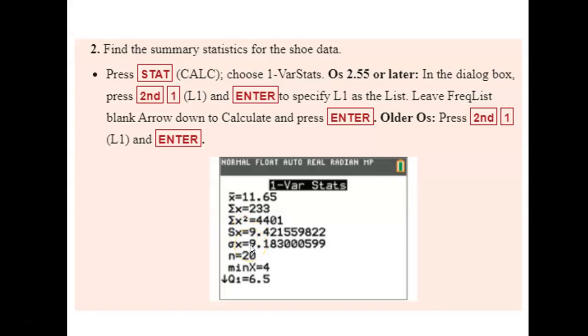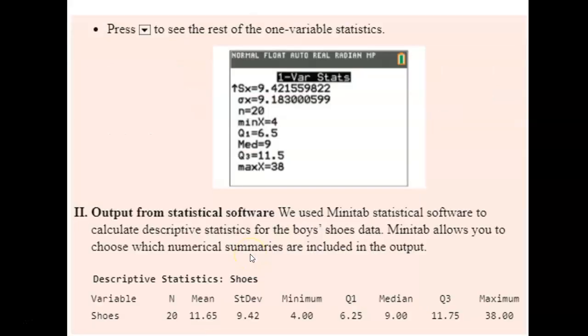This is a different calculation. We'll talk about that later on, but this is the standard deviation. It tells me there's 20 things in my list, and then keep scrolling until you hit minimum. That's what I'm interested in. So the minimum, the Q1, the median, the Q3, and the max, those are the 5-number summary. So if they ask me for the 5-number summary, boom, there I have it. Minimum, Q1, median, Q3, max.